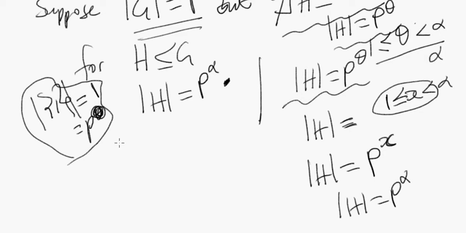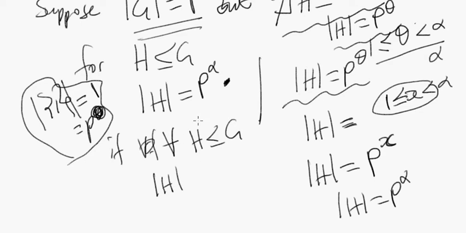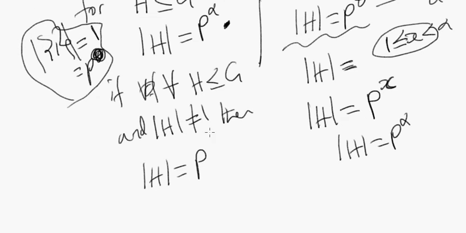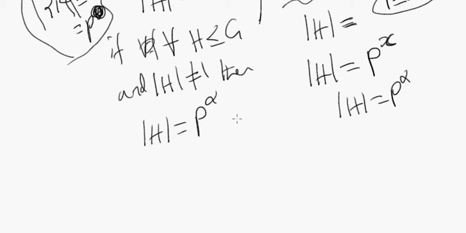If for all H subgroup of G, with H non-identity, the order of H equals p to the alpha, well, what does that tell us about G?